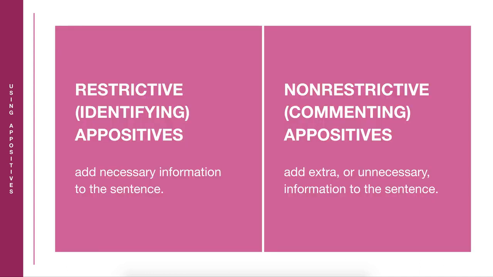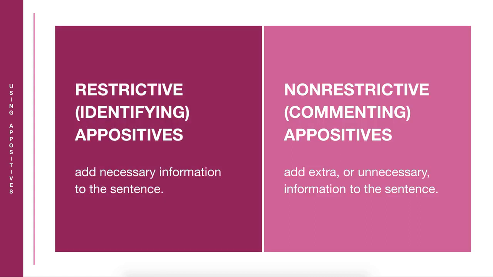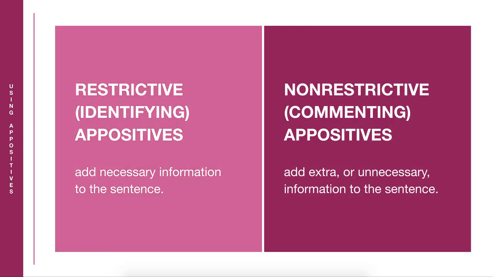Now, when we talk about appositives, there are two main types you need to know. The first is a restrictive appositive, and this is an appositive that identifies something, so it adds necessary information to the sentence. The other type is non-restrictive, and this is a commenting type of appositive. What that means is that it adds extra or unnecessary information to the sentence.